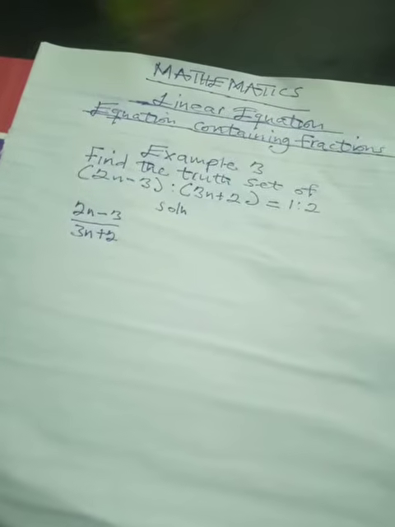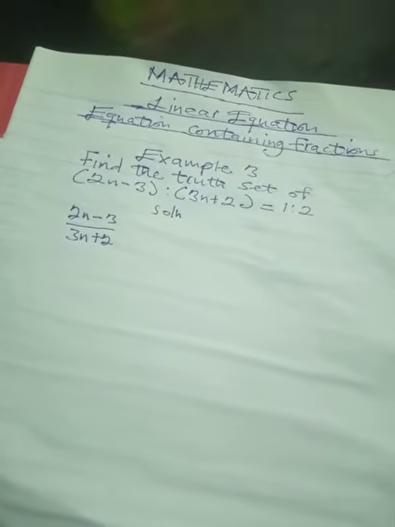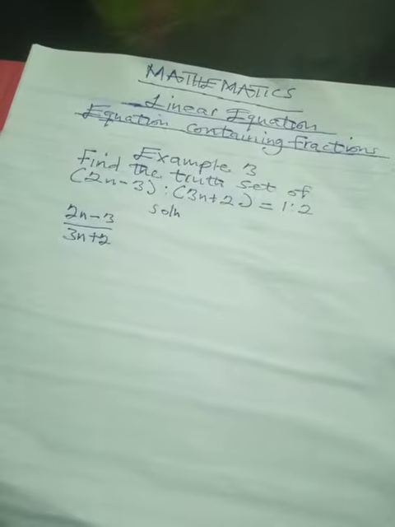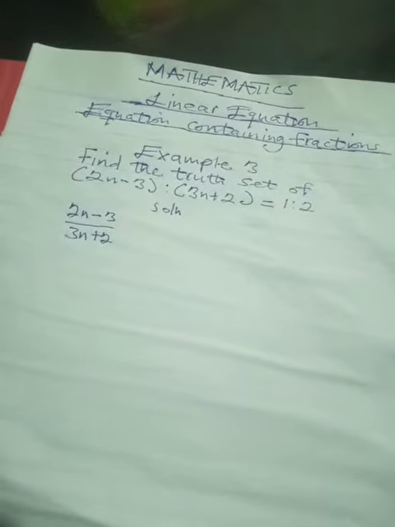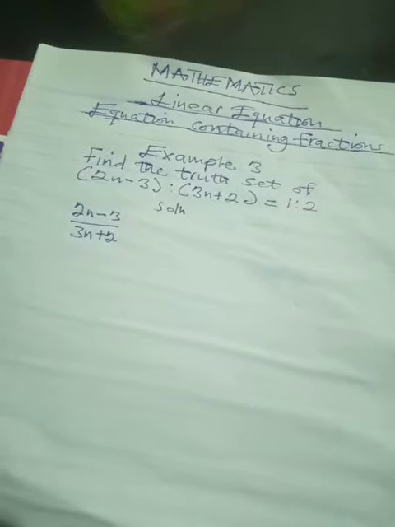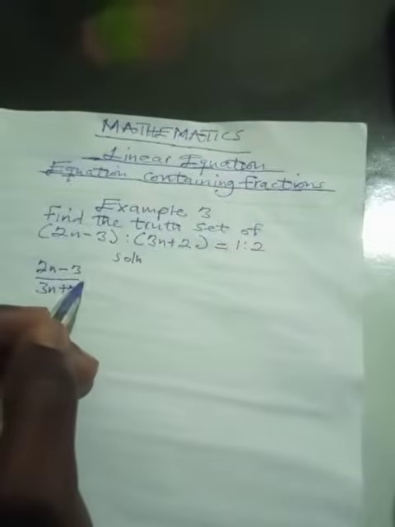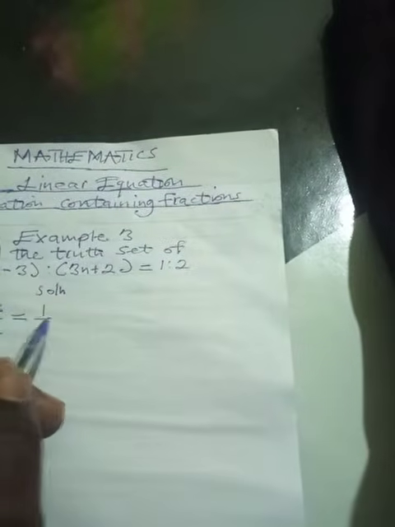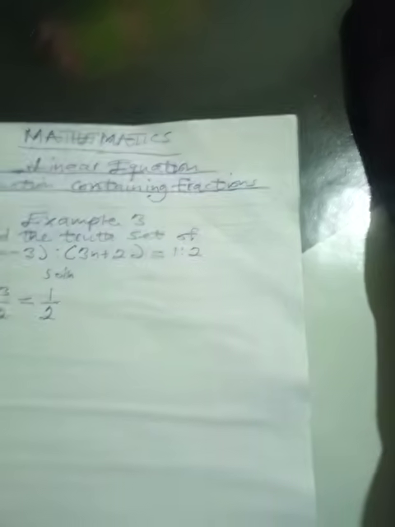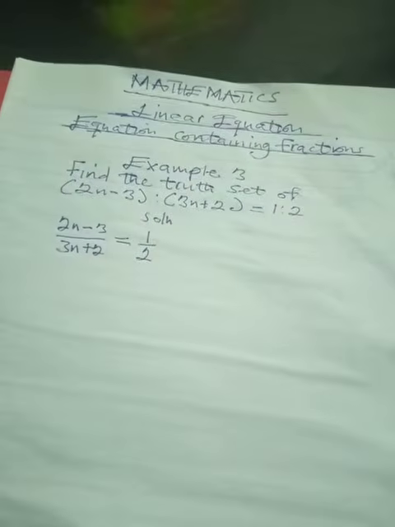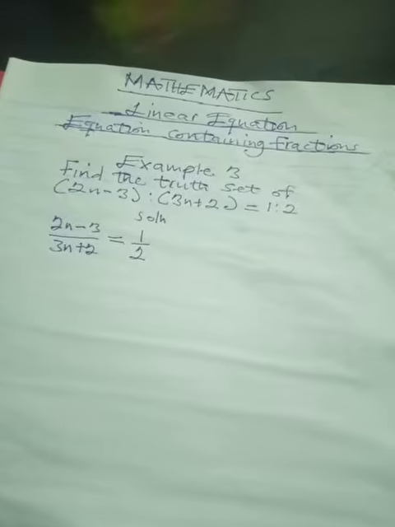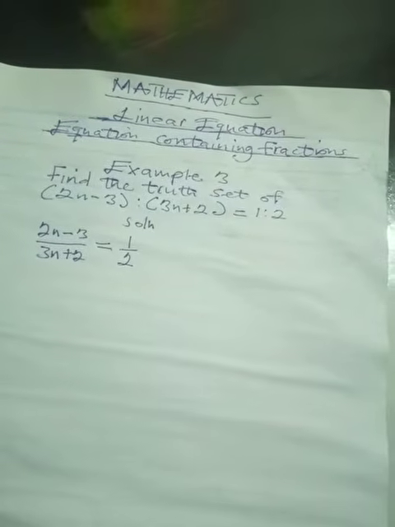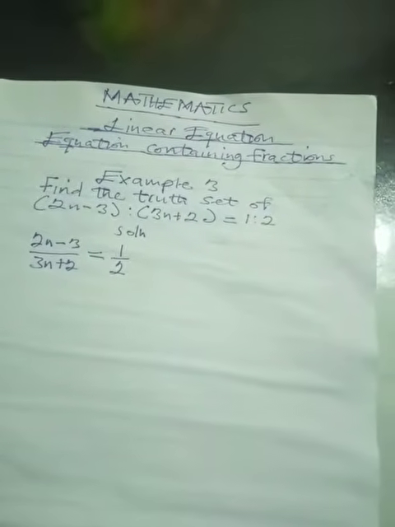So that's how you are going to do it. At this point, what do you think 1:2 will be? How are you going to represent it? That one will be equal to 1 over 2. So that is how you can represent them.